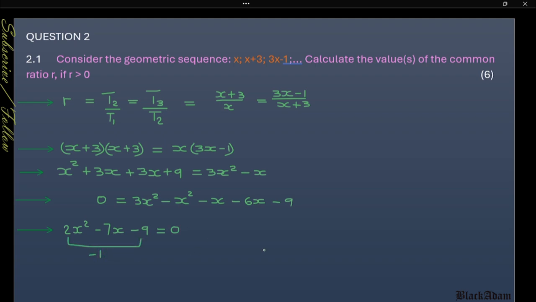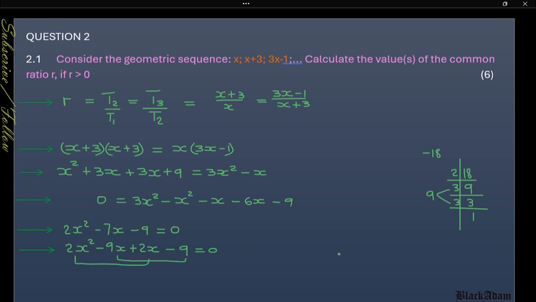And then we know that the coefficient of x squared times the constant is negative 18. We find the factors of 18: 2 and 9, 3 into 9 is 3, 3 into 3 is 1. So 3 times 3 is 9, so we're going to have 9 times 2. So it's 2x squared minus 9x plus 2x minus 9 equals 0.